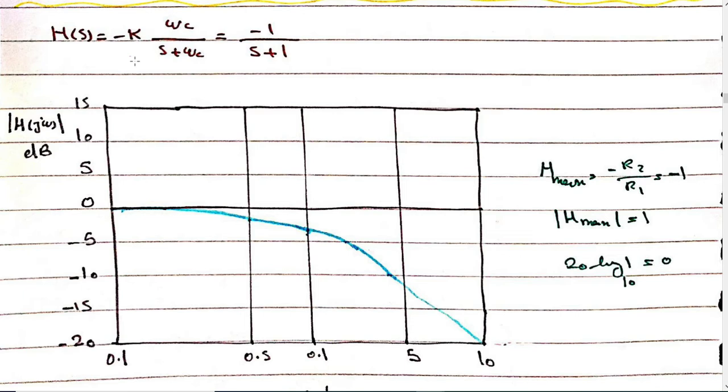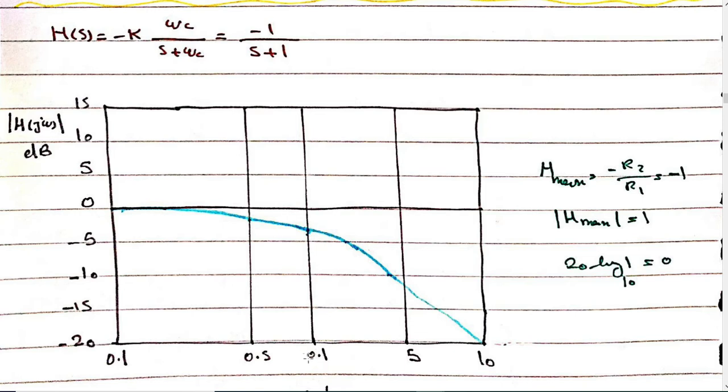So you need to convert it to dB, because the y-axis is in dB. What is 1 in dB? 0. Yes. So that's why the maximum value is 0. If you go down 3 dB, which is minus 3 dB, you have the cutoff frequency.